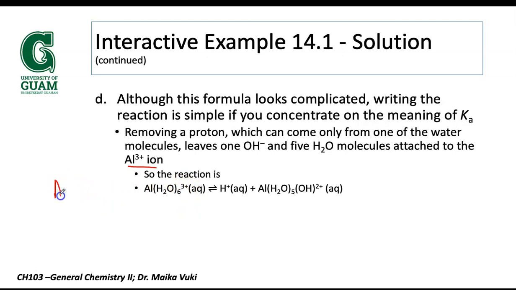Most of you should be familiar with this. Aluminum belongs to group 3A in the periodic table, and it has the valency or charge of +3. When it combines with the water molecules, water is still neutral, it doesn't have any charge. So all those 6 water molecules are attached to aluminum without changing the charge. It's still 3+, but they're all connected to the same aluminum cation.